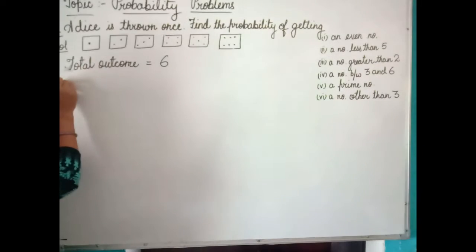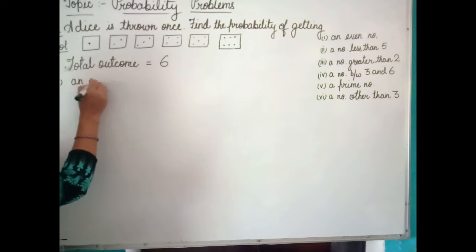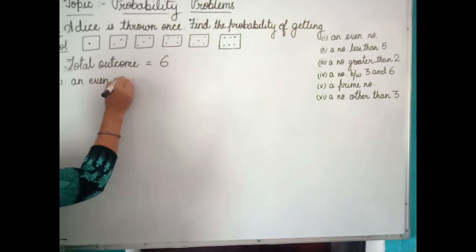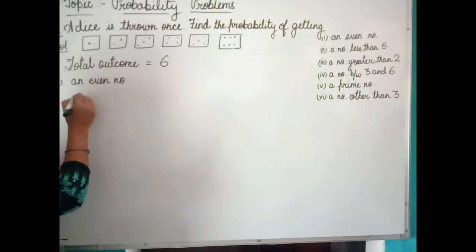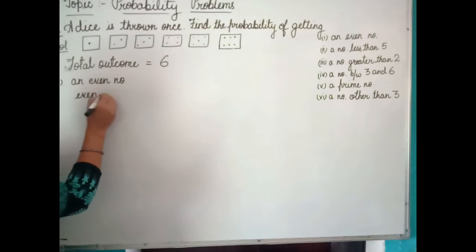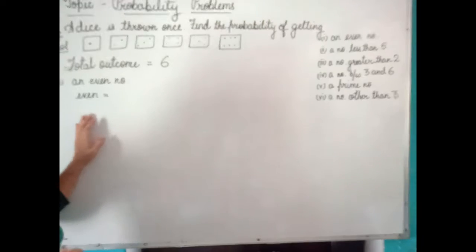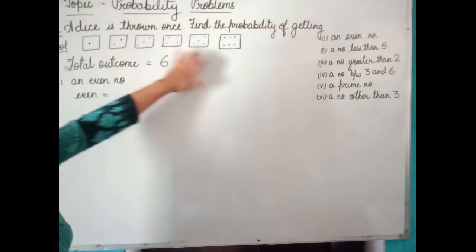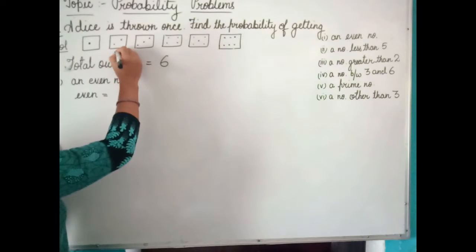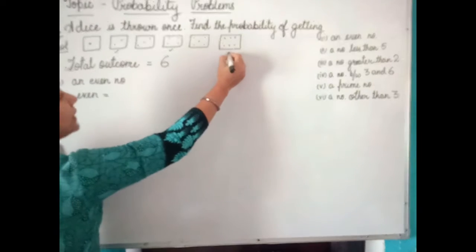Now we'll take one by one. First, in the first part we want an even number. What are the even numbers on a dice? It is not a general even number; we want an even number which is present on the dice. So we have the even numbers 2, 4 and 6.